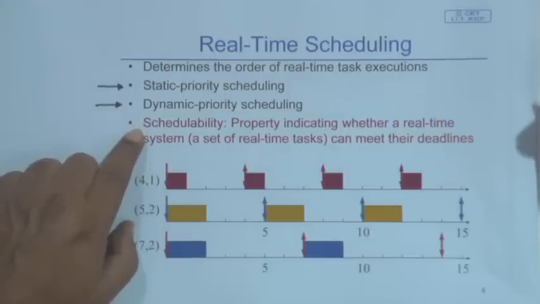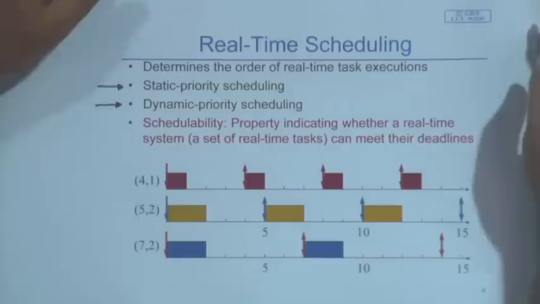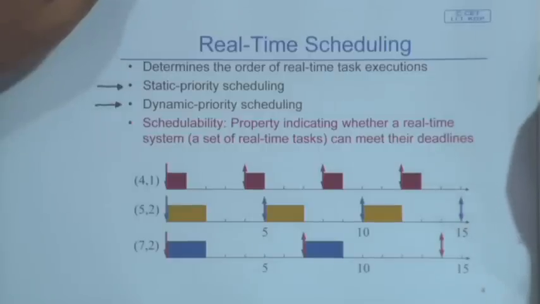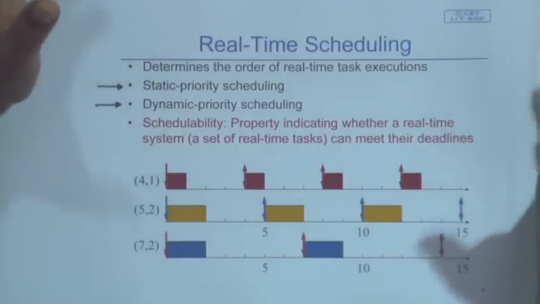Another very important concept that we must understand is schedulability. Schedulability means that a set of tasks has been given to you, and these tasks have come with their execution time and their deadline. Given this bag of tasks, are they schedulable? Does there exist a schedule?